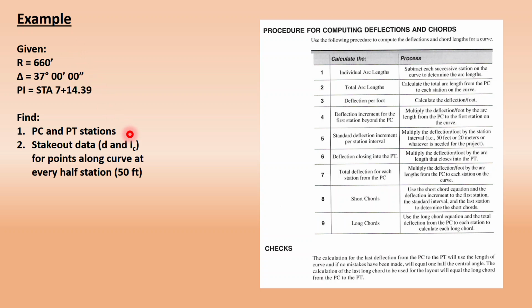We're going to work through the calculations to determine your PC and your PT stations, and then also the stakeout data for points along the curve at every half station. Your stakeout data is your deflection angle and your chord distance for each point. Remember, a station is 100 feet, so every half station is going to be every 50 feet, and this is 50 arc feet along your curve.